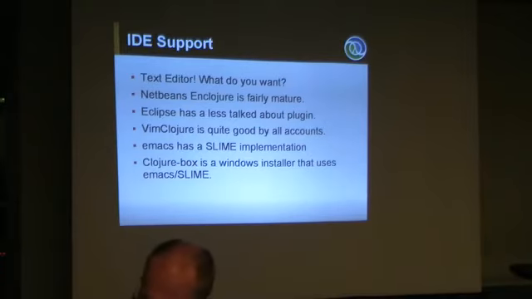SLIME stands for Superior Lisp Interaction Mode for Emacs. It took me a little while to figure out how to set it up. I'm not much of an Emacs user either, but it's not too bad to get up, and there's good instructions on how to do it as well. So the stuff that I'm going to show you now is going to be all in Emacs.